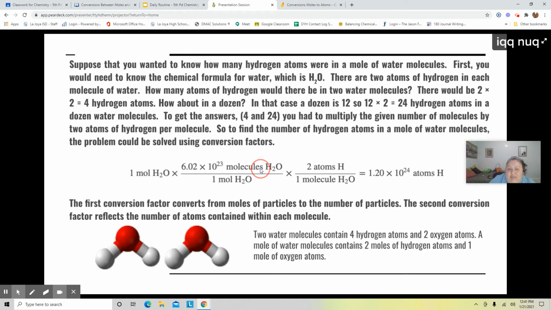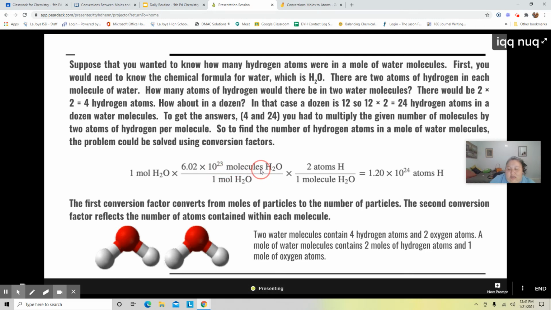And you can see that here. Since molecules is on top, molecule needs to go on the bottom, and we're only talking about 1 of water. And inside this water, there's 2 hydrogens, right? So this is where this number comes from. This 2 that's in our subscript is the same 2 that I see here for atoms of hydrogen.